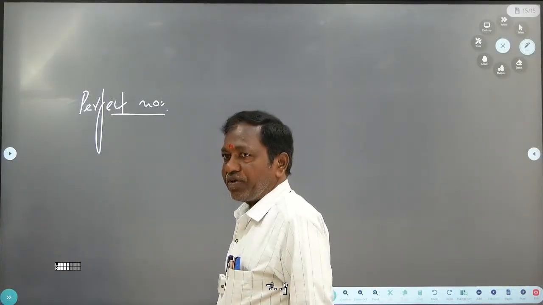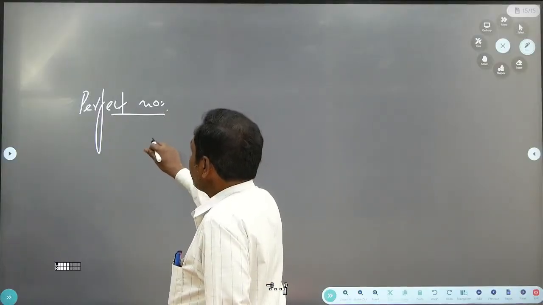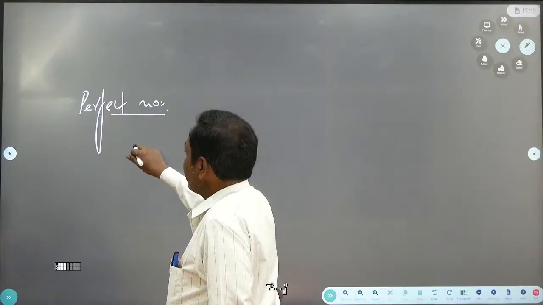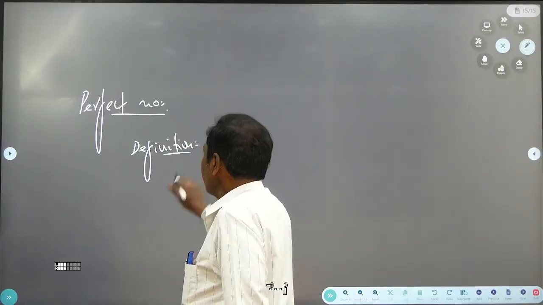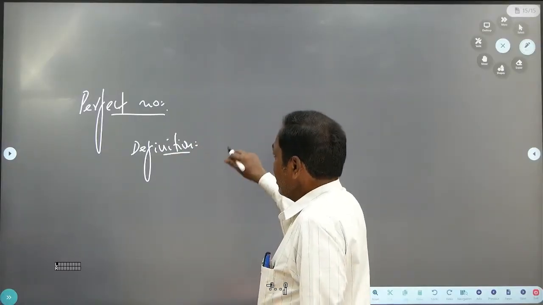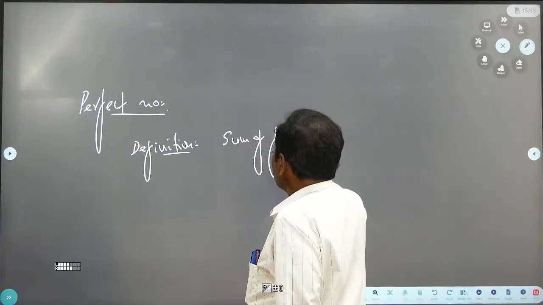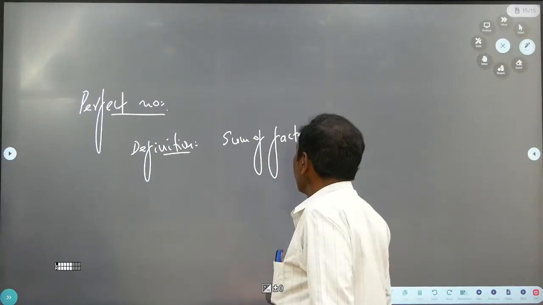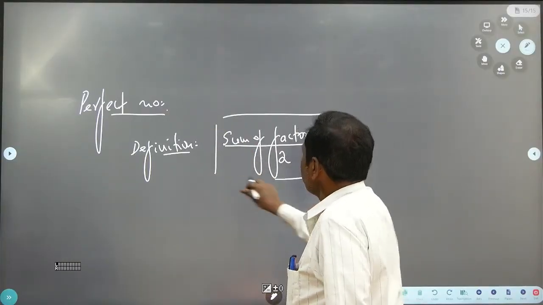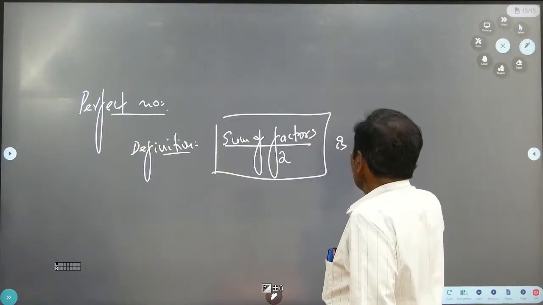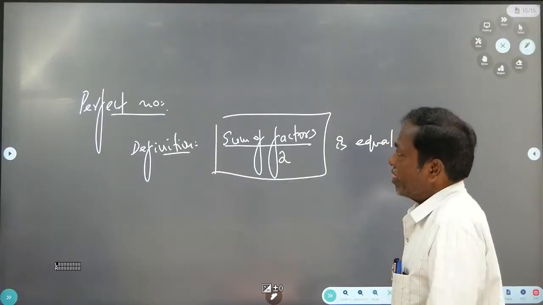There are two types of numbers: perfect numbers and regular numbers. Okay, perfect number. If you see the definition, you can take it as: the sum of factors divided by 2 is equal to the number, and that is known as a perfect number.